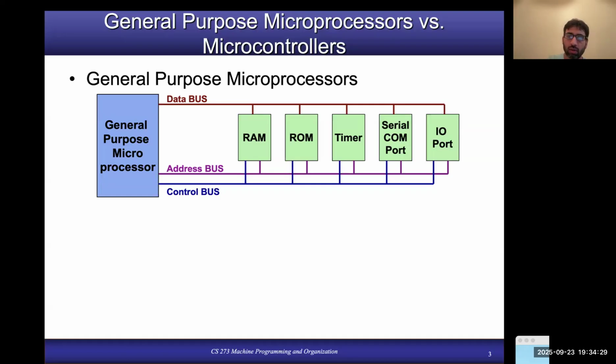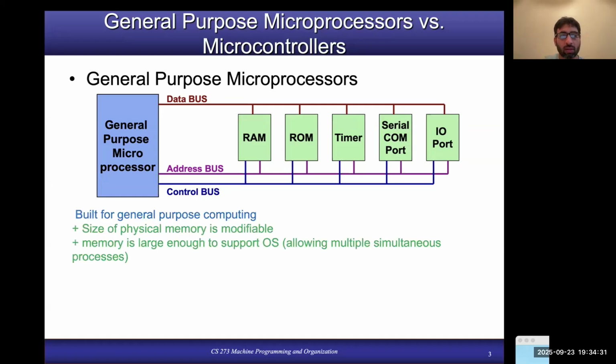These general purpose microprocessors are built for general purpose computing. They are not optimized for performing a specific functionality, and they have all the features required to run any general purpose application. For example, on your laptop, desktop, or even your phone, you can run different applications.